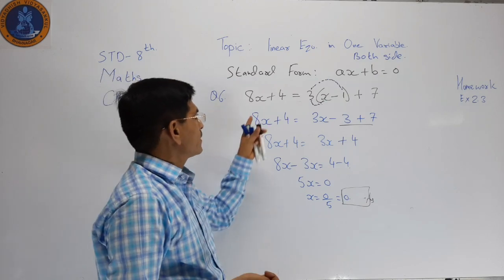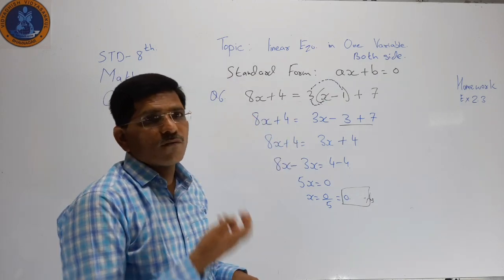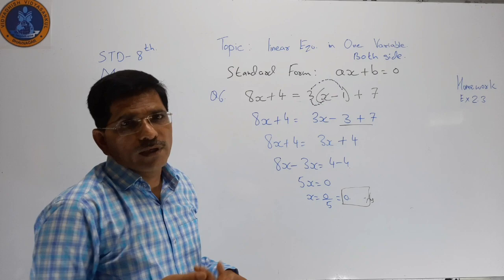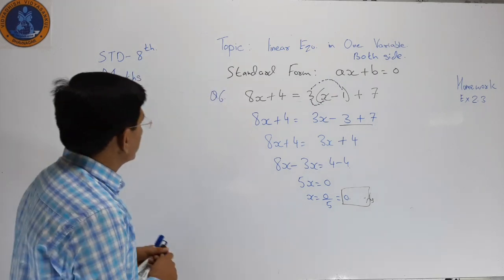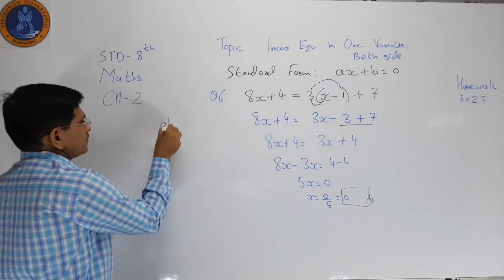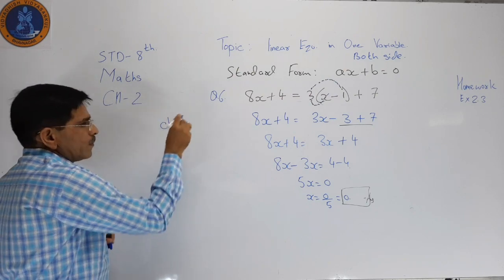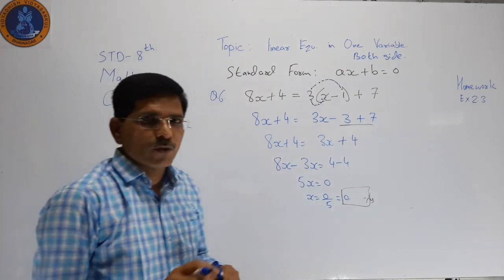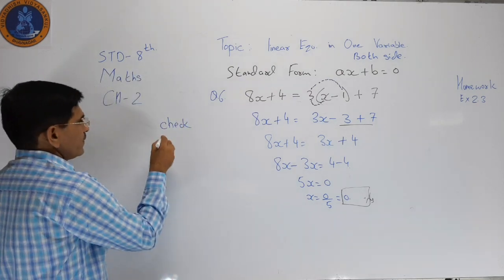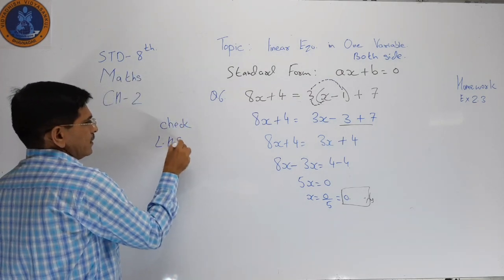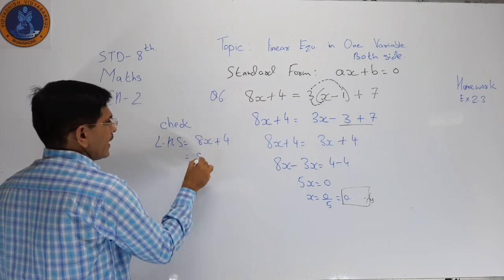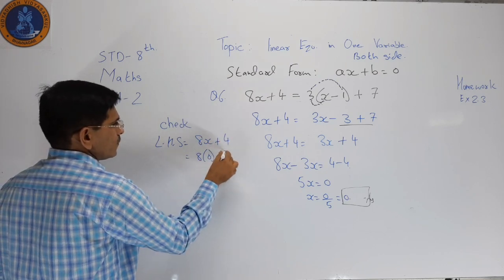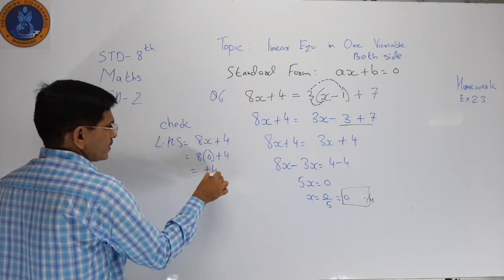Now if I put x equal to 0, we have to see what result we get, for checking purposes. Left hand side is 8x plus 4. 8 times 0 plus 4, that is plus 4.